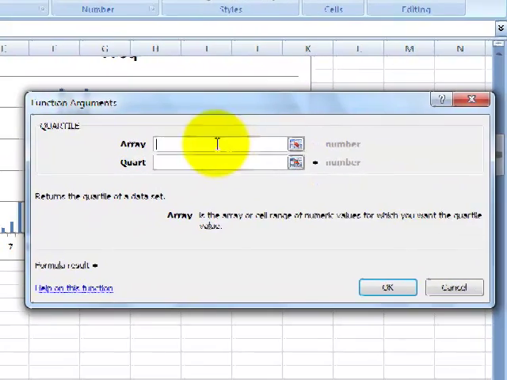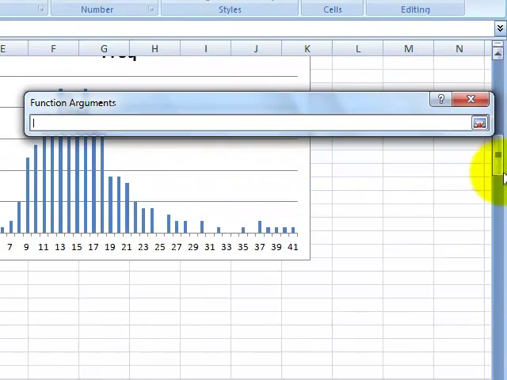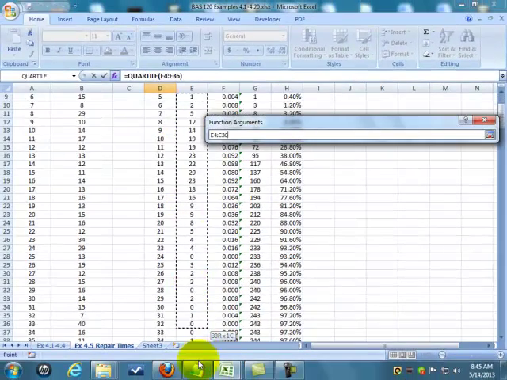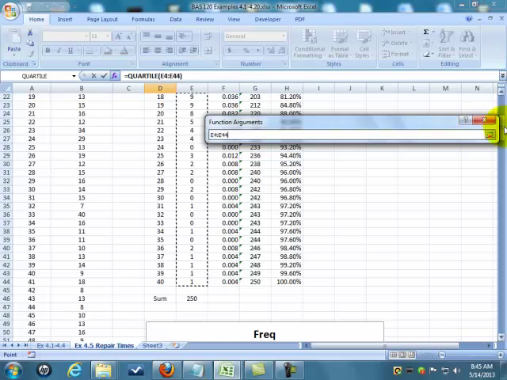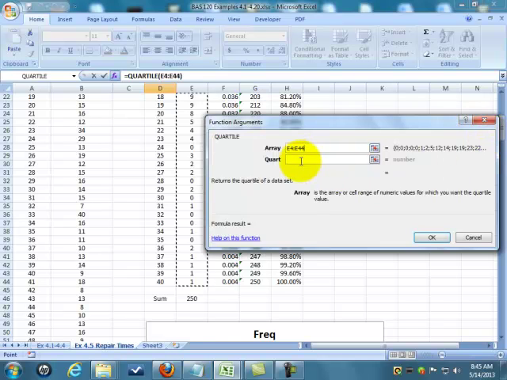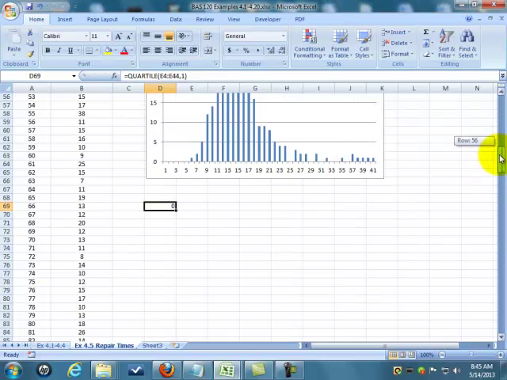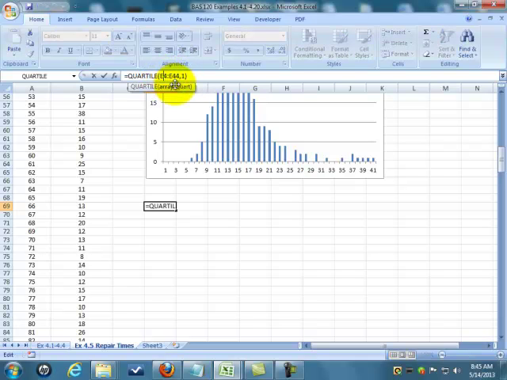Quartile, remember now, the array will simply be these frequencies, right? And let's say I want to know the first quartile. First quartile is 0, not surprisingly. Now let's lock this in.